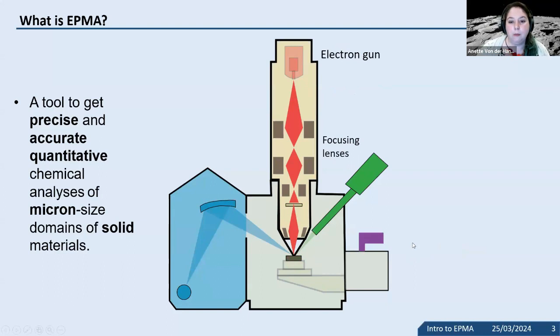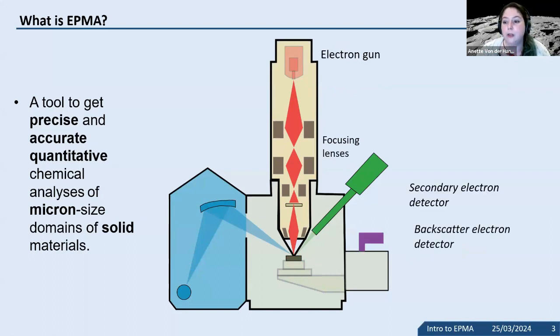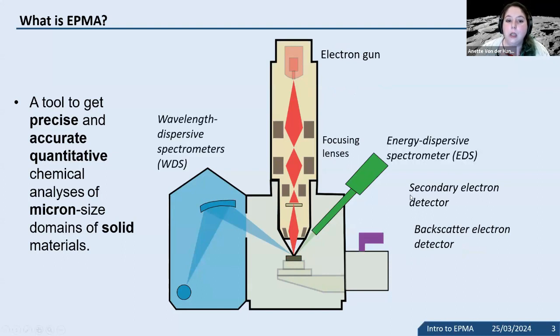And then on an SEM, you usually can find electron detectors, specifically secondary electron and backscatter electron detectors, and we find them also on an electron microprobe. And then we have X-ray detectors. On an SEM, you commonly find energy dispersive spectrometers, and on a microprobe, you find in addition also wavelength dispersive spectrometers.